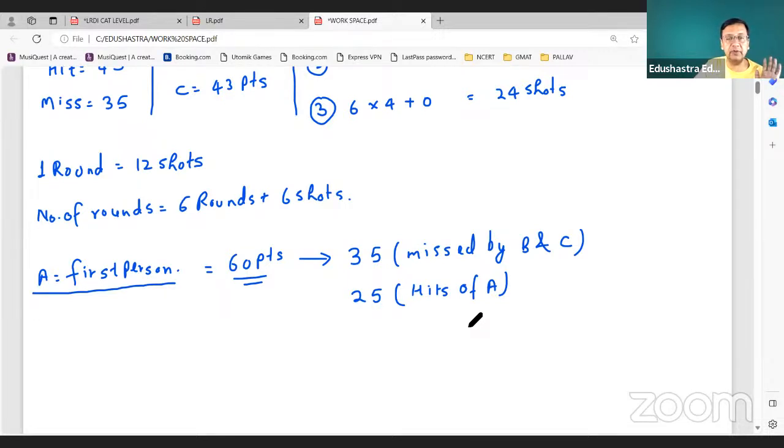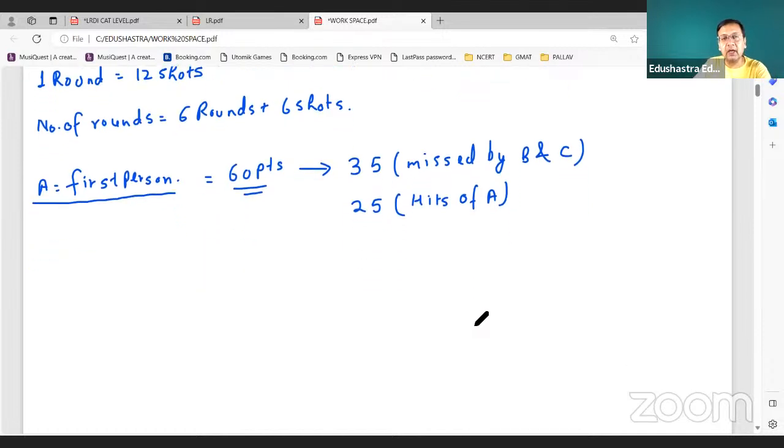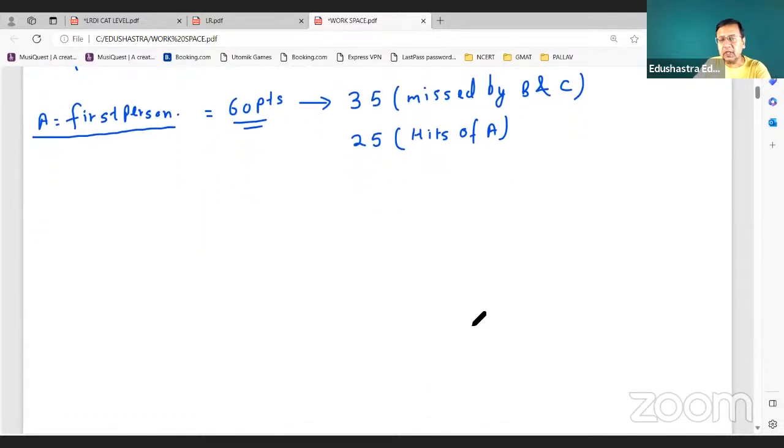So he is scoring a total of 60 points, right? Now, if 25 are the hits, I can say A is hitting more than 12 shots, because for every hit, A will get 2 points.